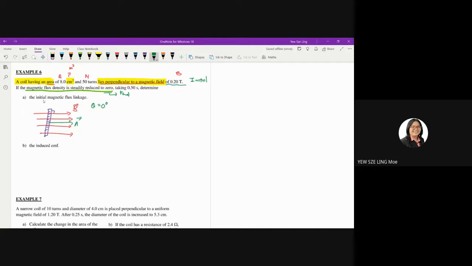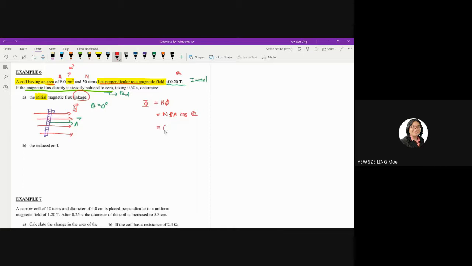So for initial magnetic flux linkage, you are looking at the initial value, meaning that you're going to use initial B equals 0.2 Tesla. Now you have the term linkage, which means you are looking at capital letter phi. So capital phi equals N phi, which equals N B A cos theta.